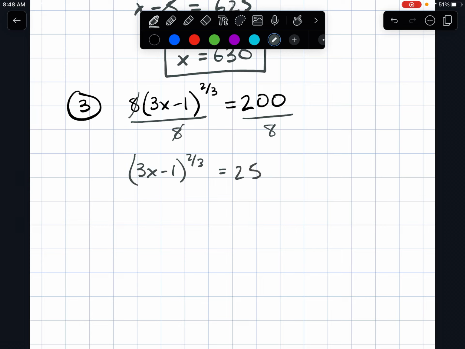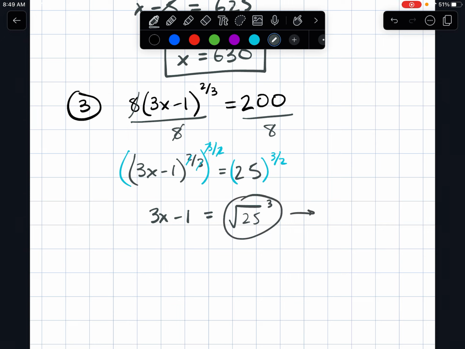All right, if I have 8 quarters, that gives me $2. So now I'm going to try to get rid of the rational exponent. I'm going to do that by raising both sides to the 3/2 power. All right, we see that the 3's cancel and the 2's cancel for those rational exponents. That leaves me with 3x minus 1 equals the square root of 25 to the 3rd power.